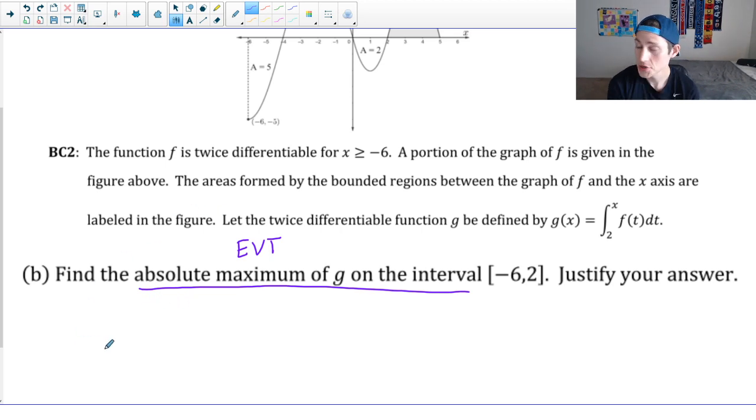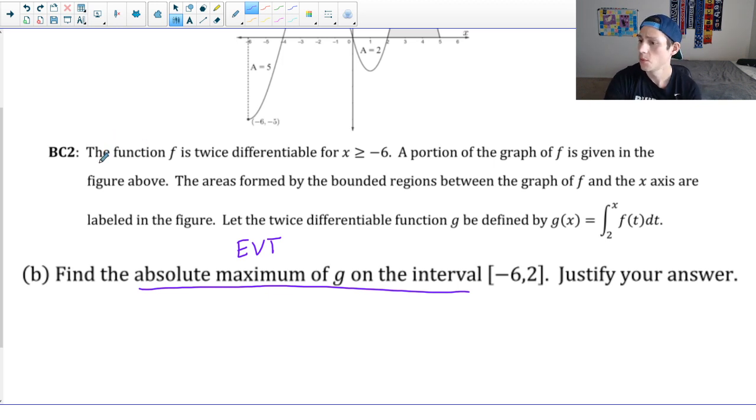This makes me think of the extreme value theorem, because that's exactly what the extreme value theorem does. It tells you there is an extreme value, a maximum or a minimum, on a specific interval. Maybe not every function has an absolute max or an absolute min, but on a continuous closed interval, there will be an absolute max and an absolute min.